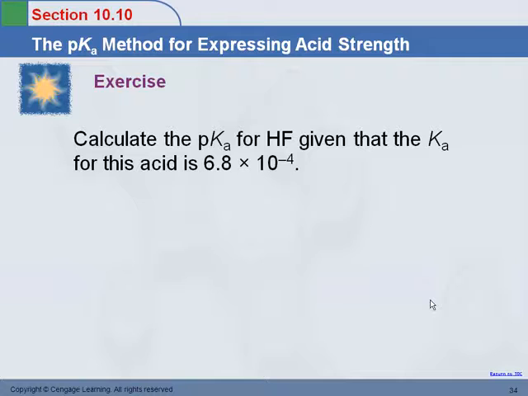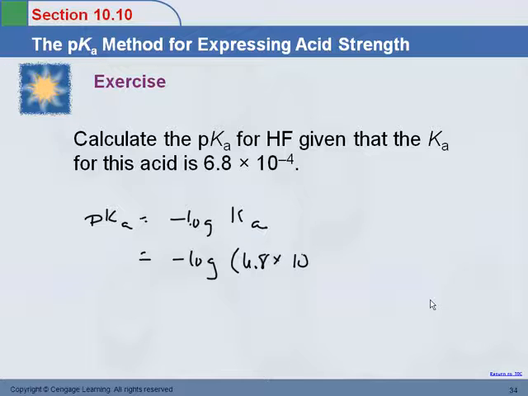So if in this question it says calculate the pKa for HF, given that the Ka for this acid is 6.8 times 10 to the negative 4th. So we know that pKa equals the negative log of the Ka. So we have negative log of 6.8 times 10 to the negative 4th.